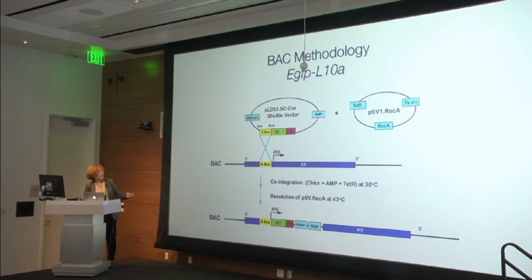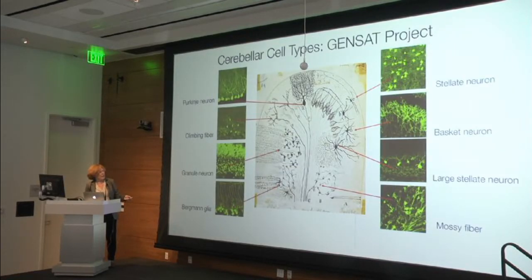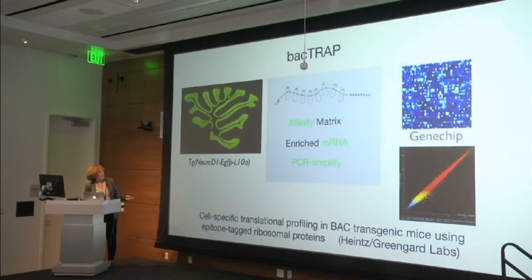So there are 3 levels of this. EGFP is the one we did for GENSAT. We also made 100 lines of Cre mice with this approach with a Cre in here. And then recently, Nat and Paul Greengard had developed this BAC TRAP, or EGFP fused to the ribosomal protein L10a. So you can get a nice marker for either our favorite, the granule cell, or the Purkinje cell, PCP2.